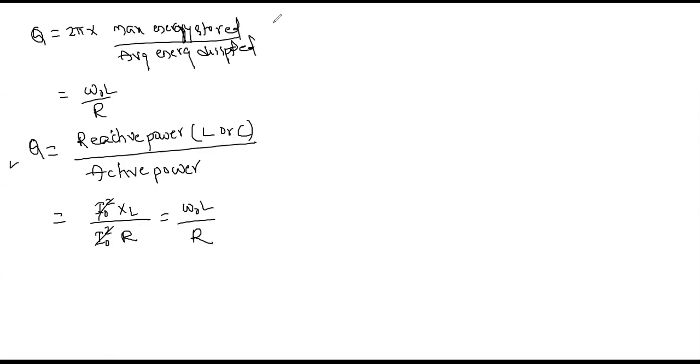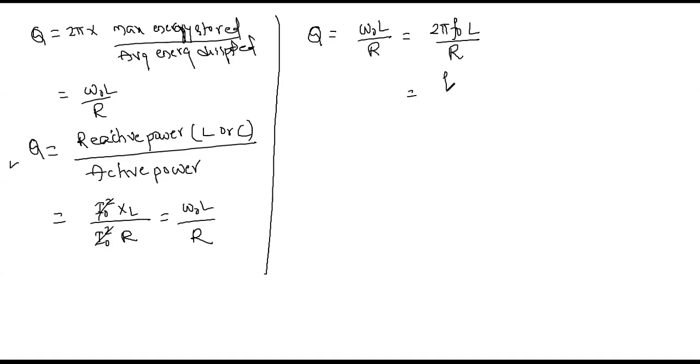Fine. Now let us derive the relation between resonant frequency, bandwidth, and quality factor. Quality factor is equal to omega naught L by R, that is equal to 2 pi f naught L by R. So that is f naught by R by 2 pi L. We know that R by 2 pi L is nothing but the bandwidth in the frequency domain.